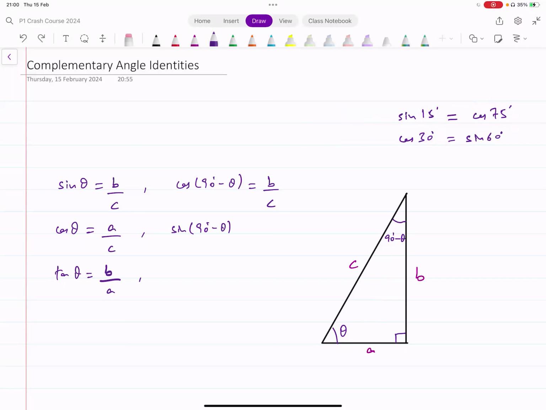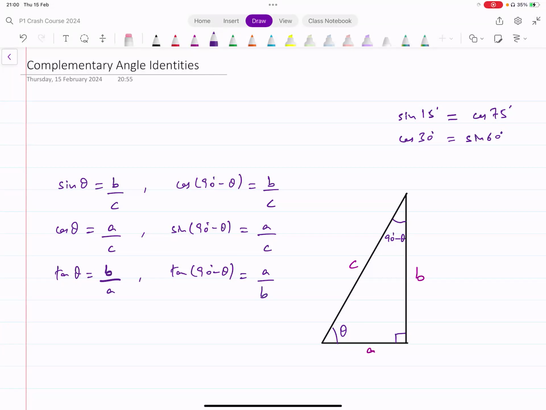Opposite side is A, hypotenuse is C. That gives you A over C. And then similarly, what about tan of 90 minus theta? That's A over B, because the opposite is now A and adjacent is B. So tan of 90 minus theta is equal to A over B.